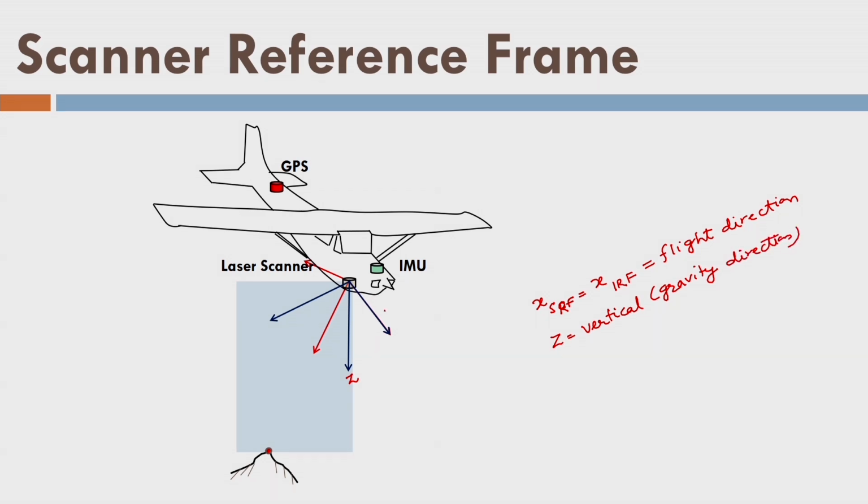Then what about this y axis? So y axis is again forming the right-handed coordinate system with x and z. So this is scanner reference frame.